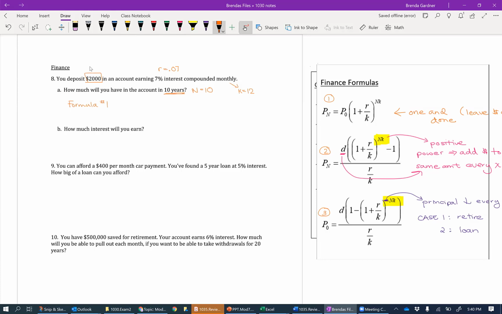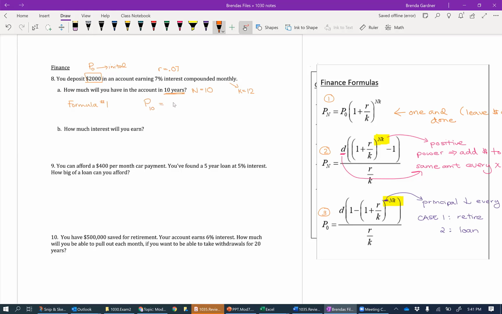So, what is the 2,000? Is that P sub N or P sub 0? What would you guess? P sub 0, right? Because it's the initial. Exactly. So you're just going to find the amount after so many years. Specifically, you're finding P sub 10 because you're finding it after 10 years, so your N is 10.